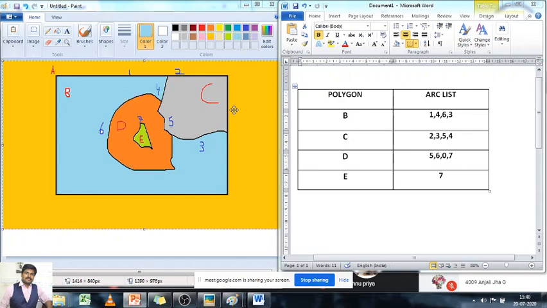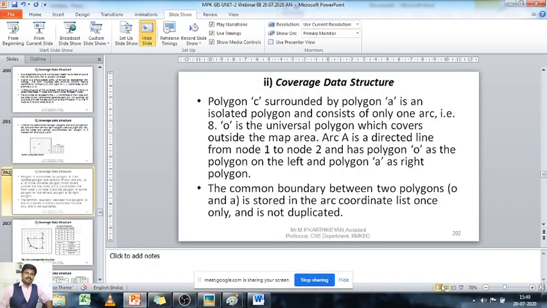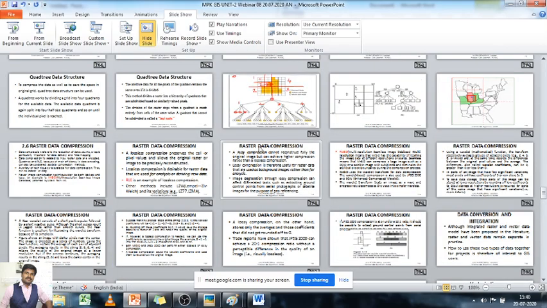So we still have 20 minutes more, so we will start with the basics of what is a raster data structure.